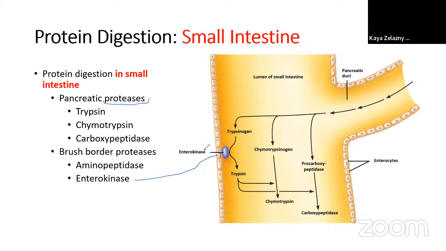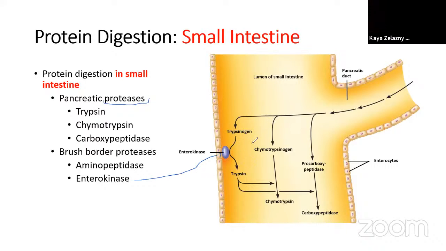So enterokinase is really helping us to activate the other enzymes we need to break down the proteins in the food we eat. Enterokinase is a brush border protease, meaning it's stuck in the wall, stuck in this brush border.